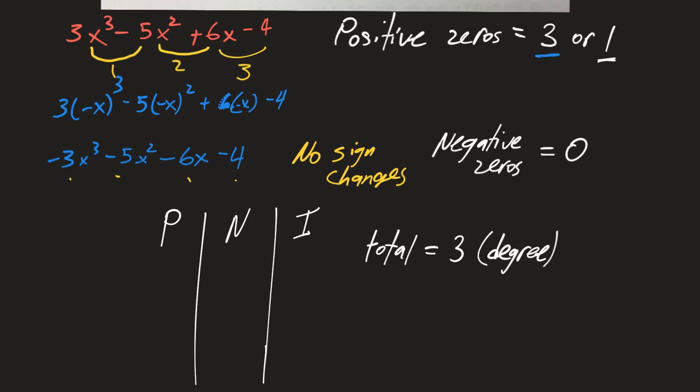If I've got 3 positive zeros, I've got no negative zeros, and no imaginary zeros. But let's shift some of that balance around. The total's still 3. Maybe I only have 1 positive zero, 0 negatives, and those 2 that I was missing are now in the imaginary column.